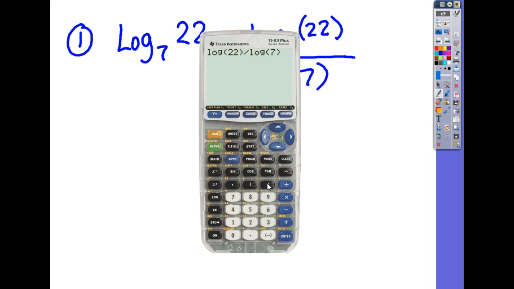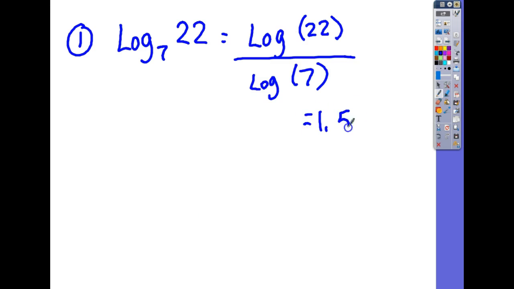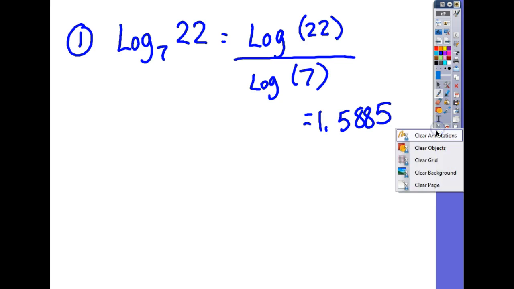And so, it's rounded off for us, 1.5885. Easy enough? Fairly easy. So, let's go ahead then and skip down to problem number 7.